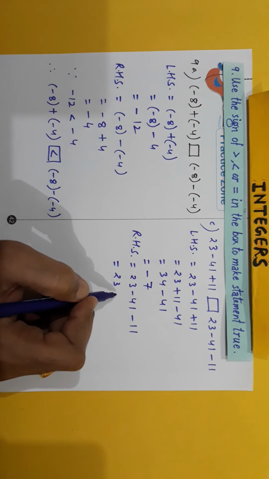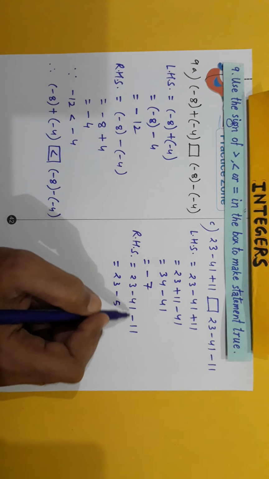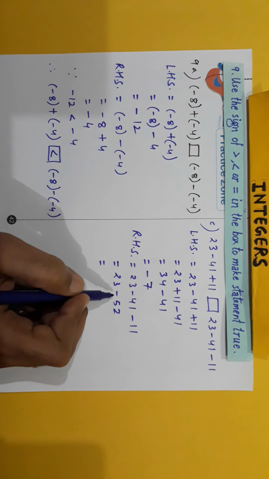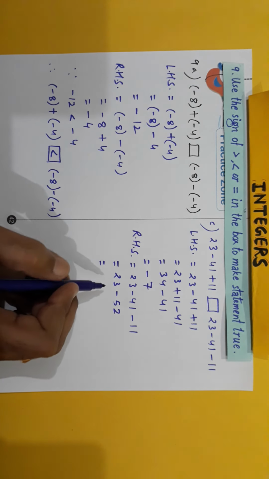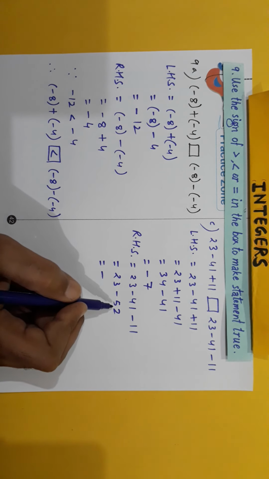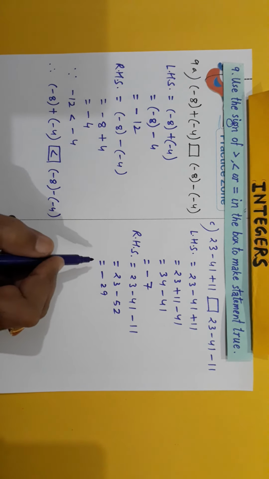So let us add these two numbers and put a negative sign. When you add 41 and 11 you get 52, and since once again they have two different signs, we will subtract and put a negative sign because the number 52 has greater absolute value in comparison to this. So here we get minus 29.